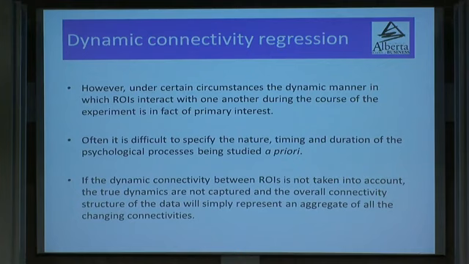And again, it's motivated by the fact that often it is difficult to specify the nature, timing, and duration of these psychological processes a priori, so before the experiment. And finally, if the dynamic connectivity between the ROIs is not taken into account, we do not capture the true dynamics, and the overall connectivity is just some sort of average. Okay?